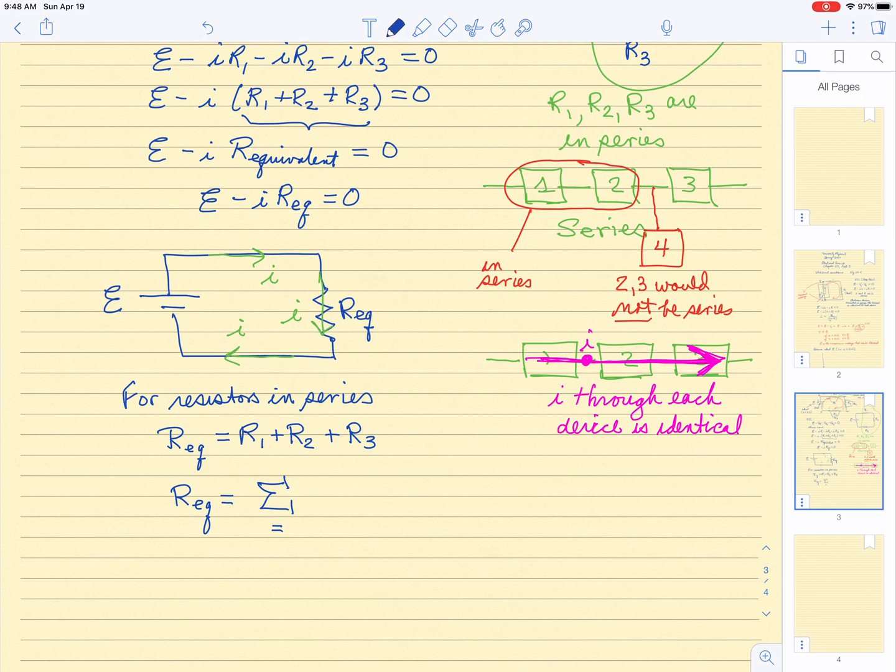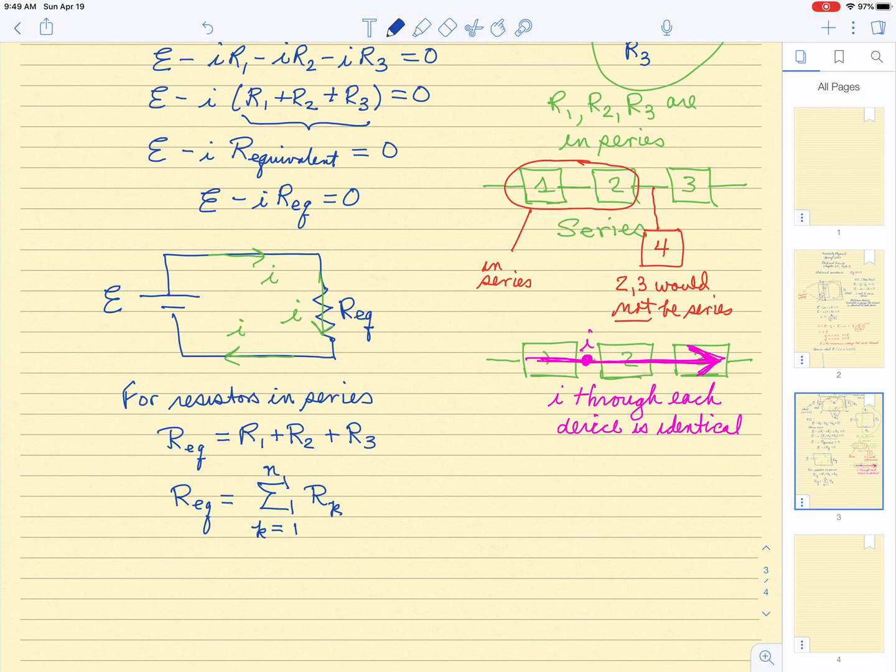So let's use k. I know I'm being crazy here. Here we go. So k is equal to 1 up to the number of resistors, R sub k, using summation notation. All right, very good.